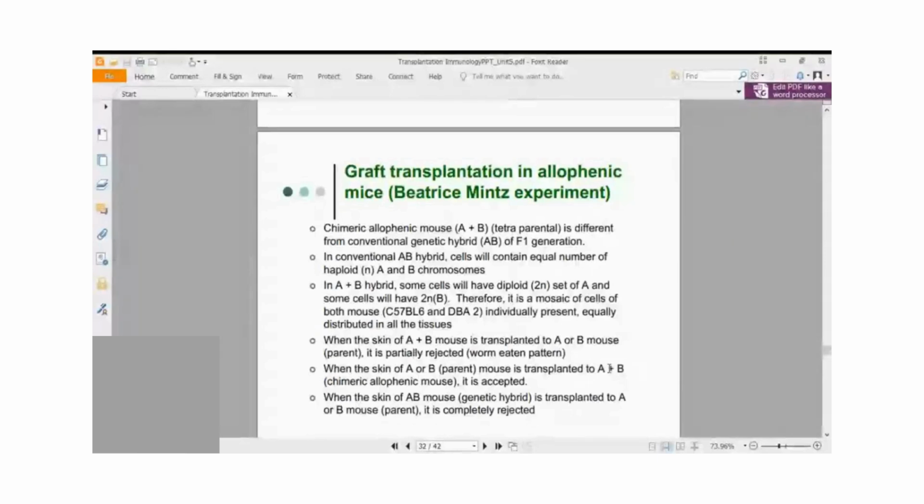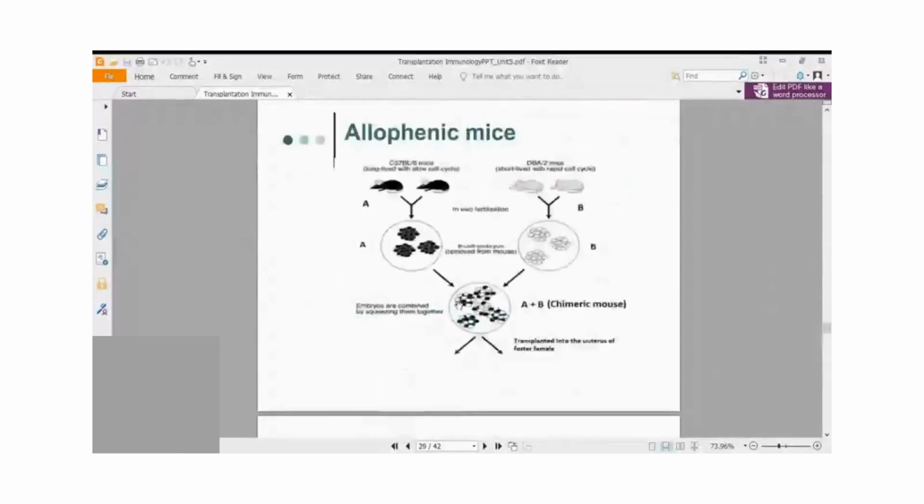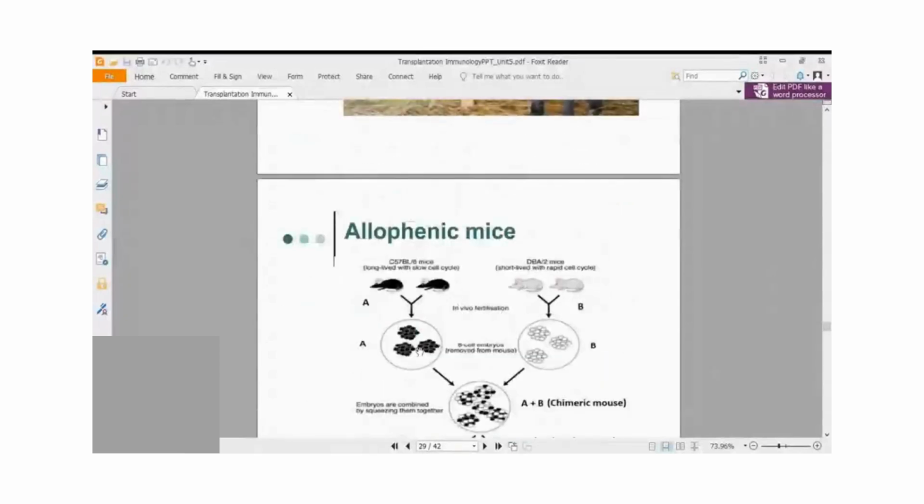Why? Because the genotype of A and the genotype of B are both equally there in the allophilic mice. That is why the allophilic mice will not reject the graft of both the parents, because it is the product of fusion of the blastocysts of both the parents.